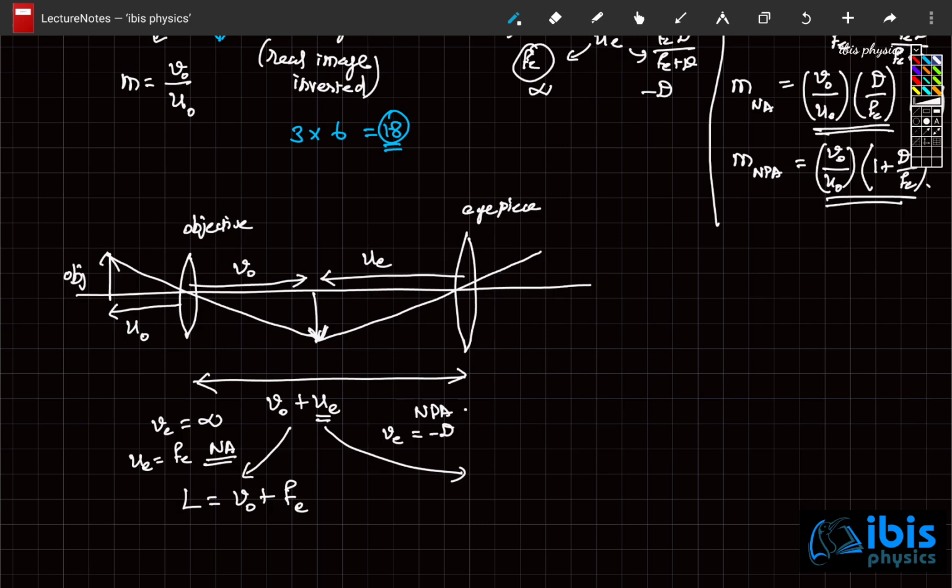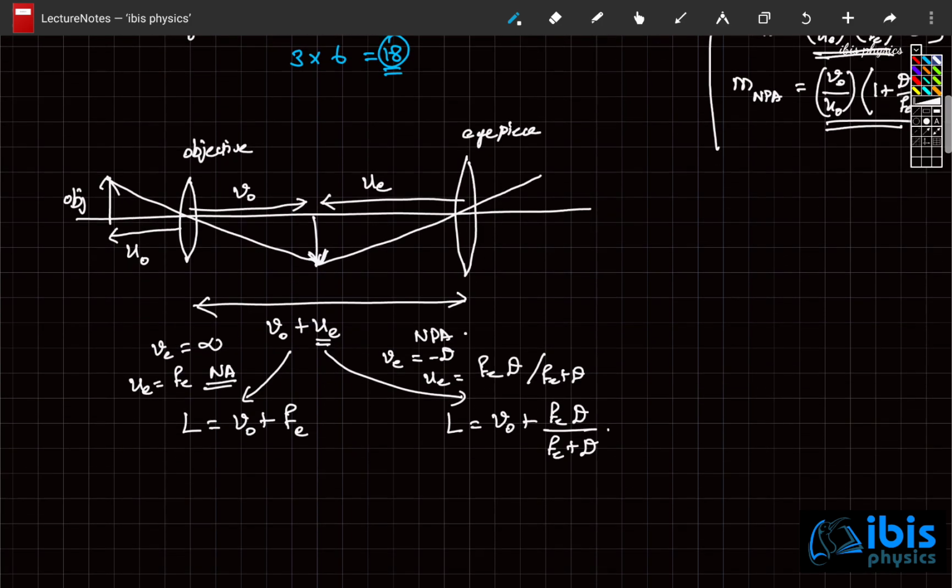For that, the corresponding UE distance is FE into D by FE plus D. So L will be equal to V0 plus FE into D by FE plus D. So we have discussed the length of the microscope in each of the cases.